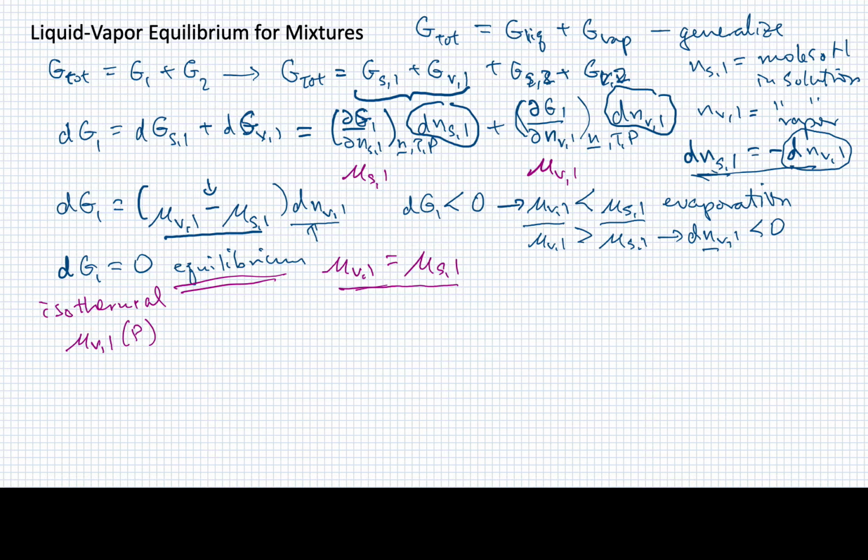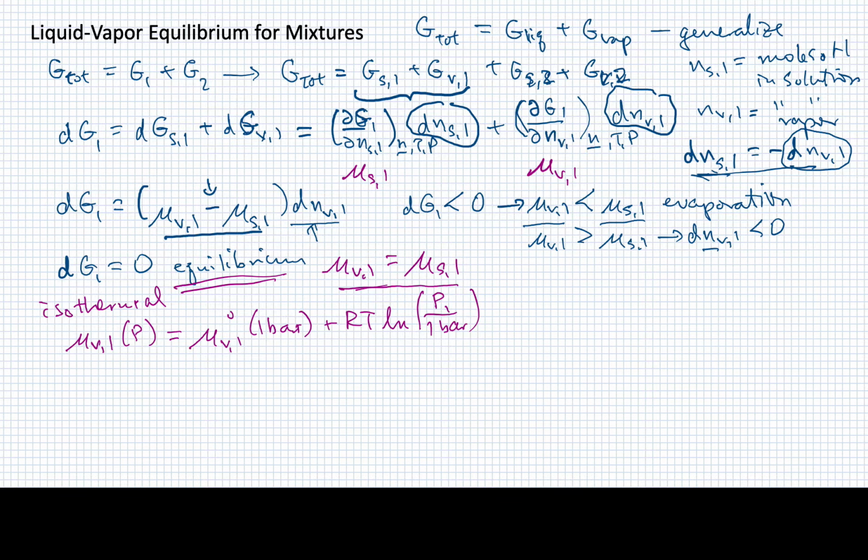So we're not changing the temperature. The only possibility is that the pressure could change. This is going to be equal to the chemical potential of component 1 at some standard pressure, we'll say 1 bar, plus RT log of the pressure of this component over 1 bar.